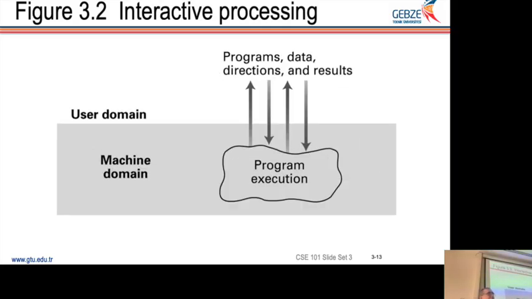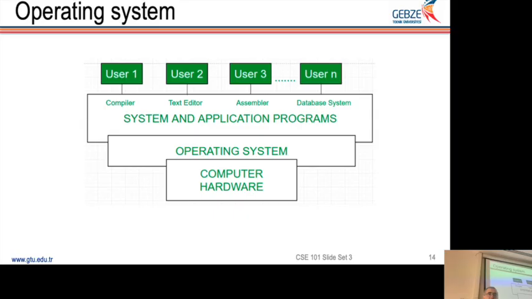In the interactive process, you have the machine domain and you have the user domain. In the user domain, there are interactive editors and shells to start and stop the program, and program execution is interactive with the users. Computer hardware has an operating system on it, which is a program running all the time.